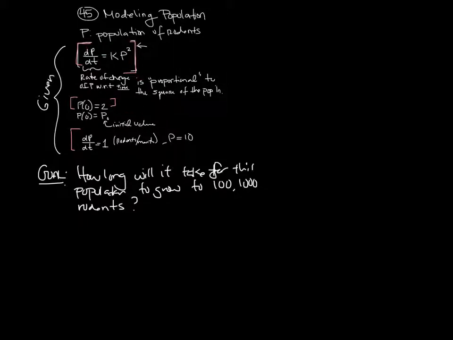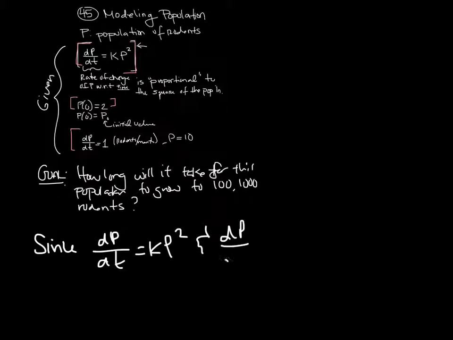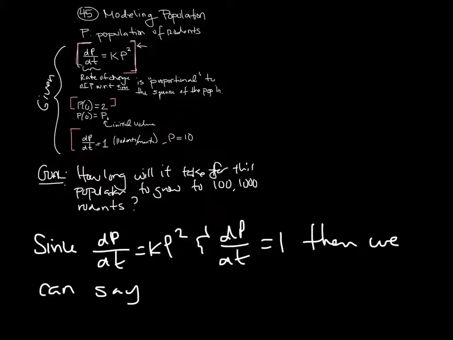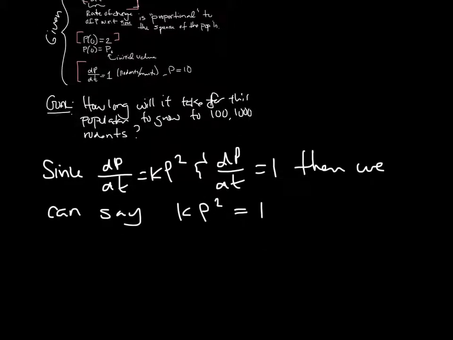Since dP/dt equals kP squared and dP/dt equals 1, then we can definitely say kP squared is equal to 1. So we have this relationship.